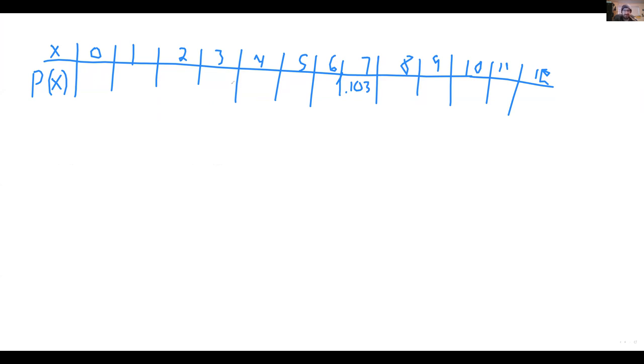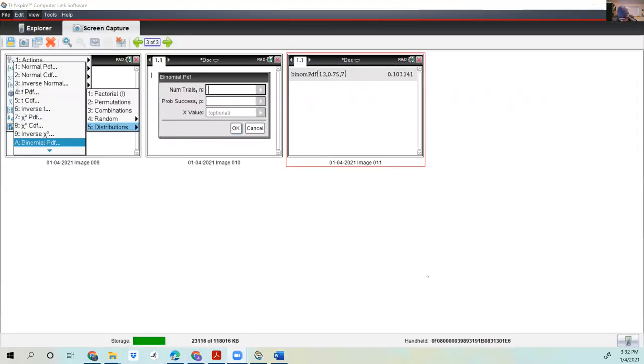Now, one way to do this is to not actually enter that value 7 when I do this on the calculator. So I'm going to do binomial PDF again.